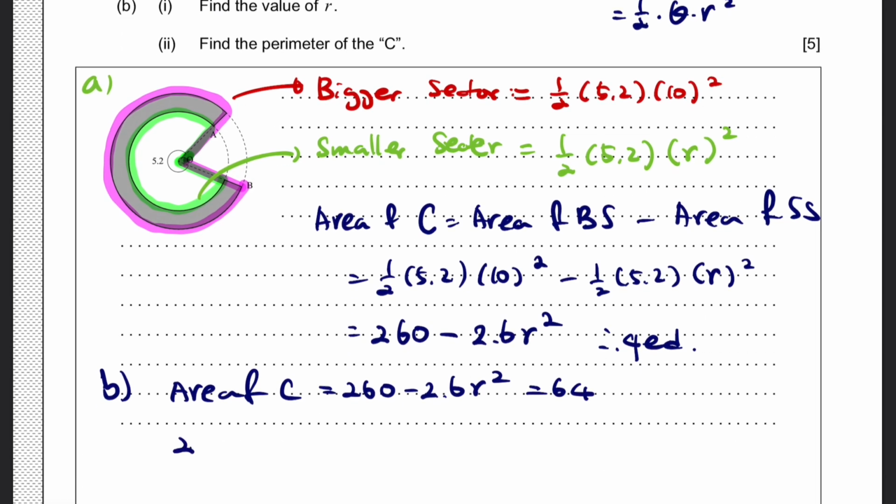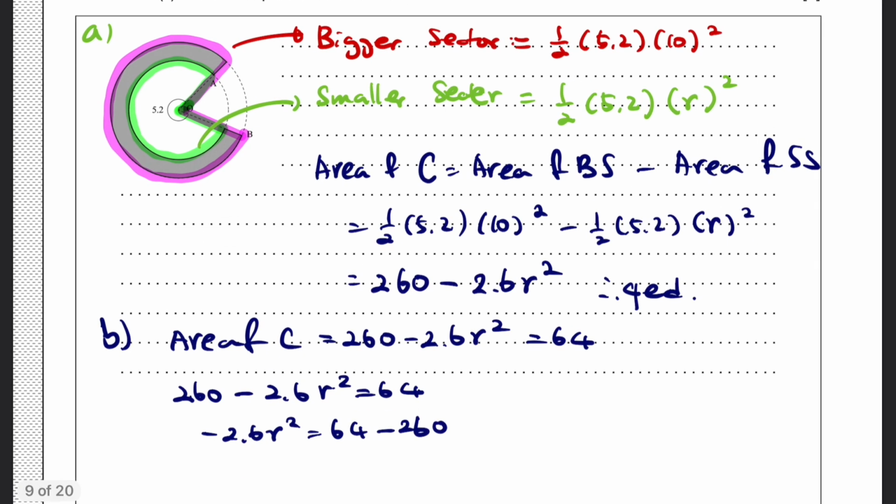Then we can do 260 minus 2.6 r squared equals 64. Then negative 2.6 r squared is the same as 64 minus 260. Then r squared is 64 minus 260 divided by negative 2.6.